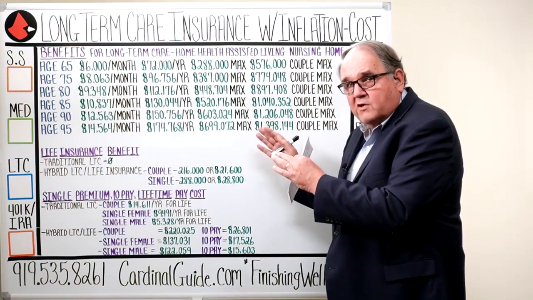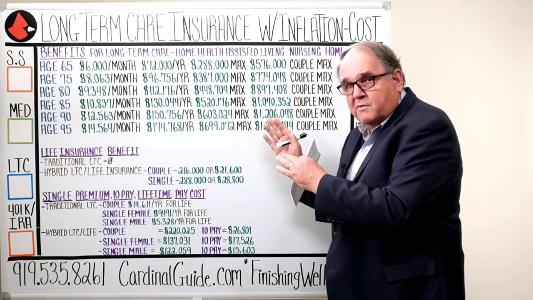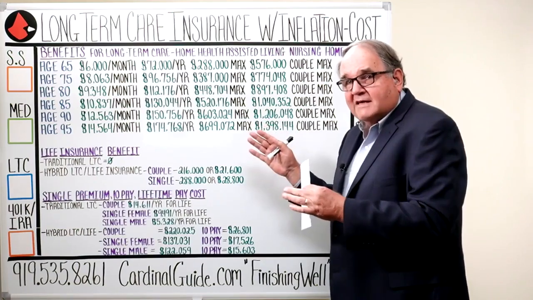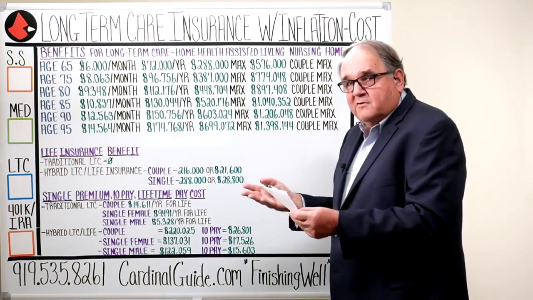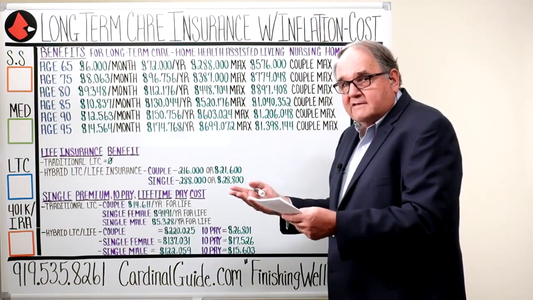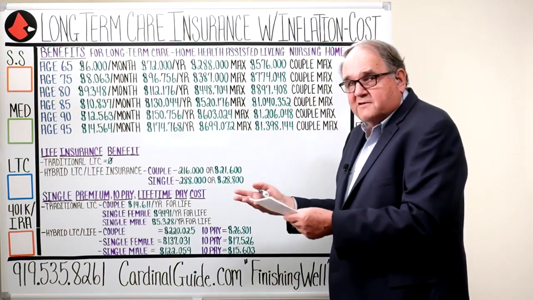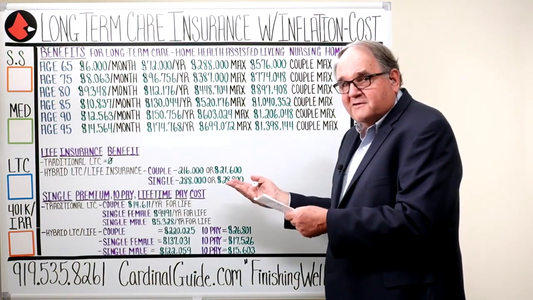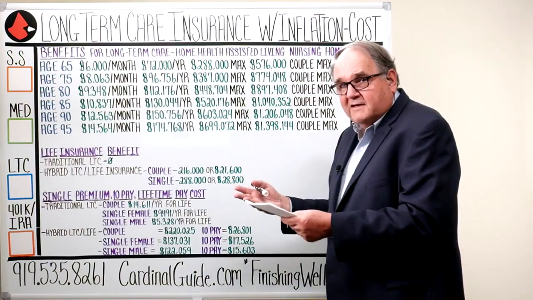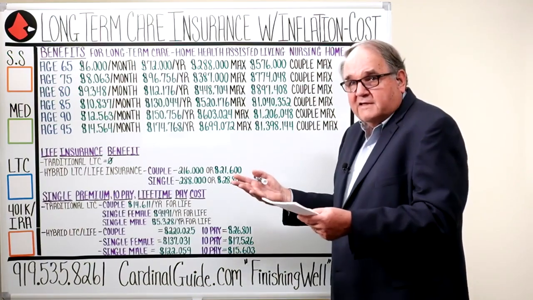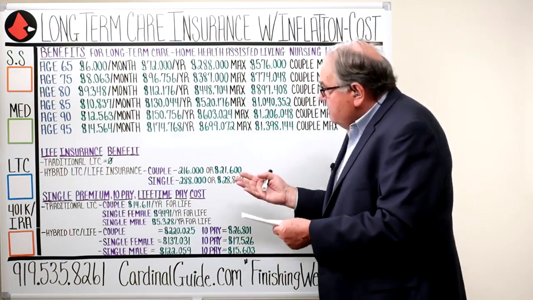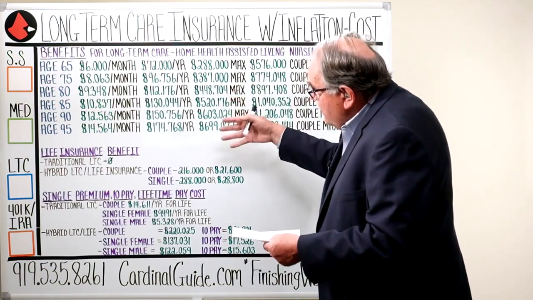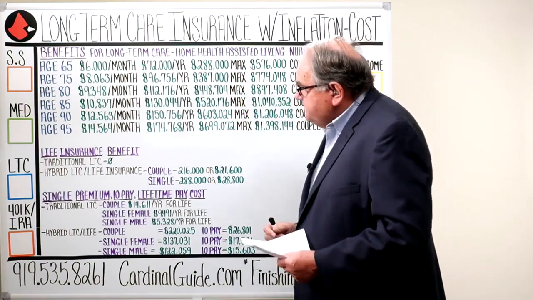So this is a 4-year maximum, and on the couples policy, it's an 8-year maximum, and either of you can use any part of that. So one of you could use 6 years and the other one uses 2 years, or vice versa. One of you could use all 8 years and that would leave nothing for the other one. But the point being that the benefits are similar.